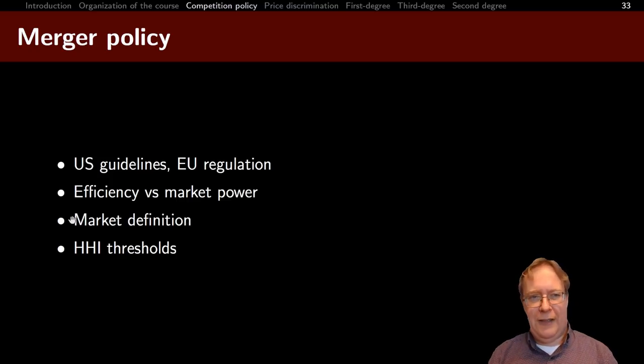That is often a very important issue, the market definition. For example, if Pepsi would want to merge with Coca-Cola, then what is the relevant market? Is it the market for cola or the market of anything that people drink? And of course, firms that want to merge try to make that market as broad as possible.